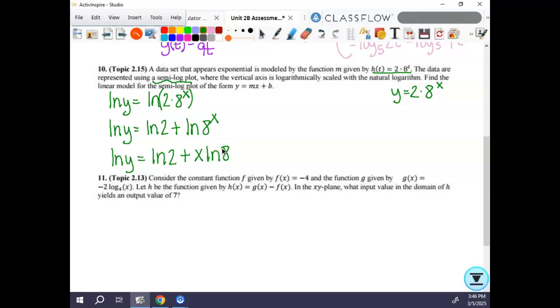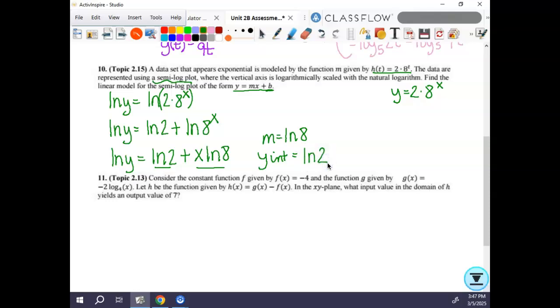So if we want it in this form right here, we don't necessarily have to rewrite it, but we can see that this is your mx, so your slope is the natural log of 8, and your y-intercept, I don't like calling it b because of other things, y-intercept is the natural log of 2.